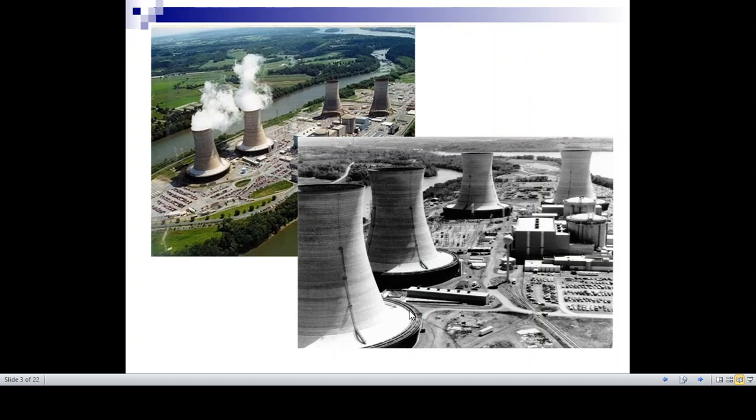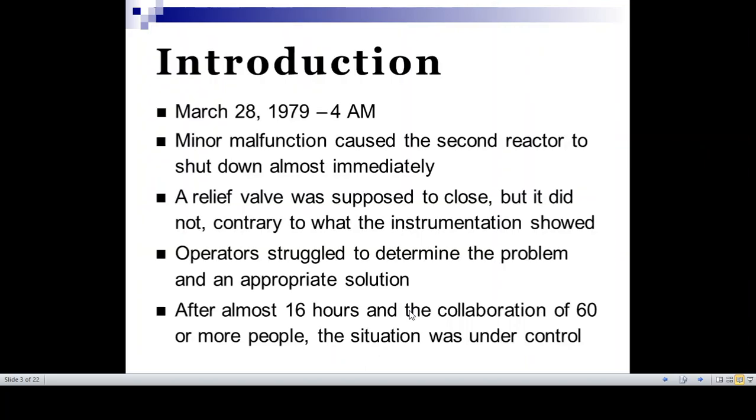But let me tell you one thing: when the accident took place, it had two power plants. Now they have completely closed the power plant where the accident took place. The reason is that it has a large amount of radiation which is still going on in the furnace, and that is the reason one cannot work over there.